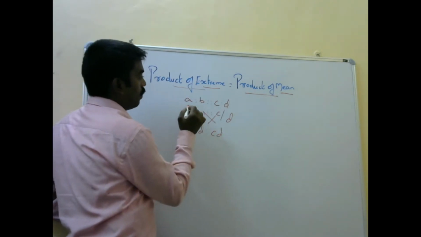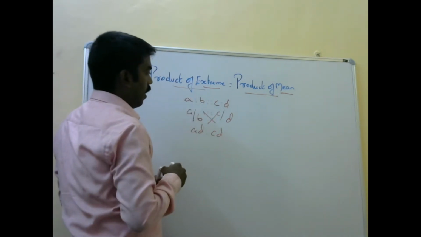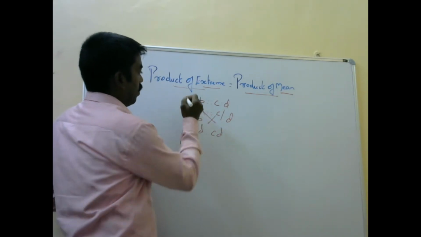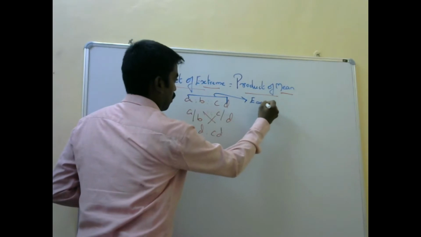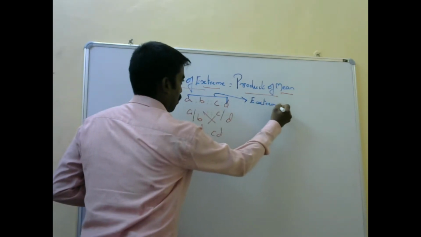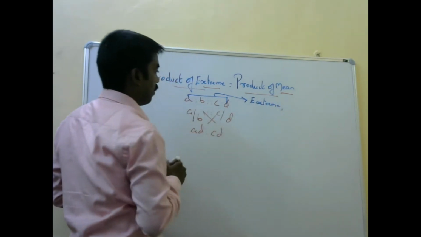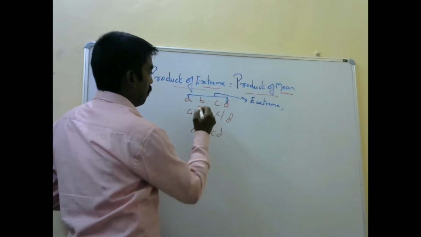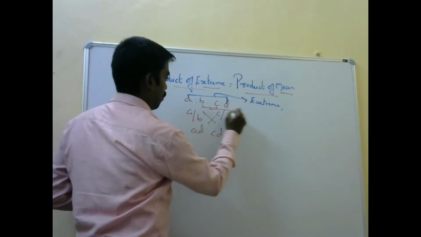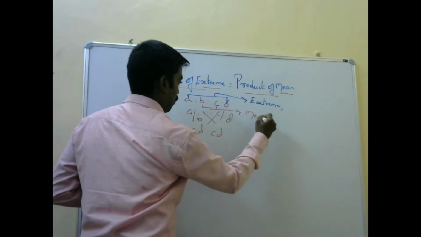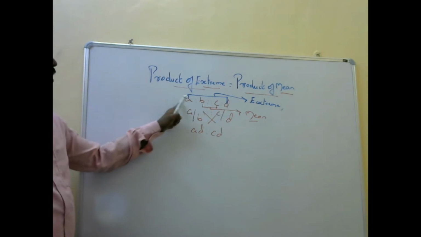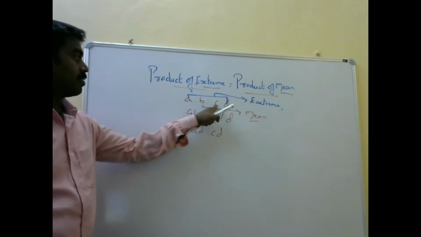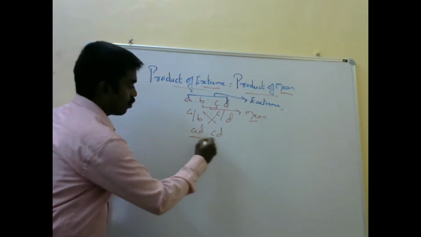Which are the extremes? A and D are extremes, and these two, B and C, are means. Can you understand it? So we get AD equal to BC.